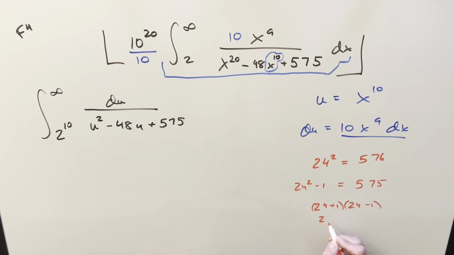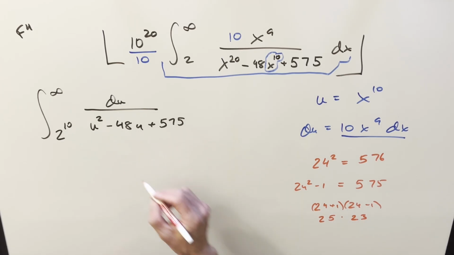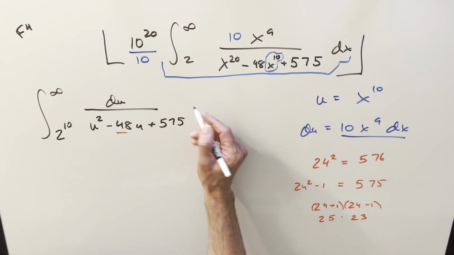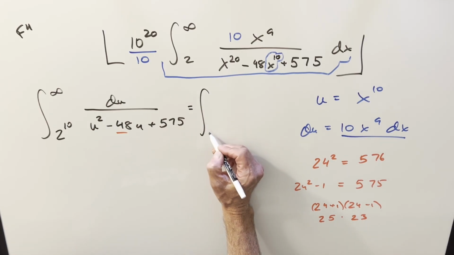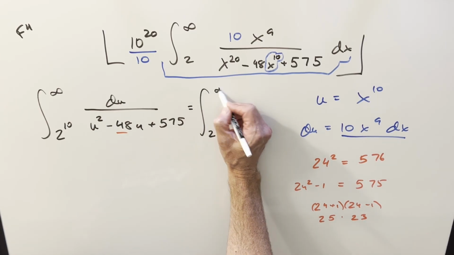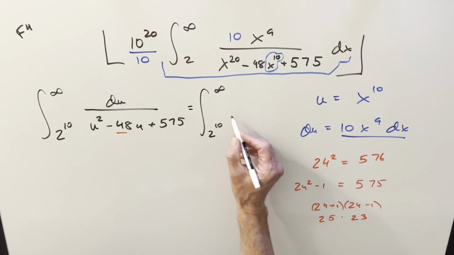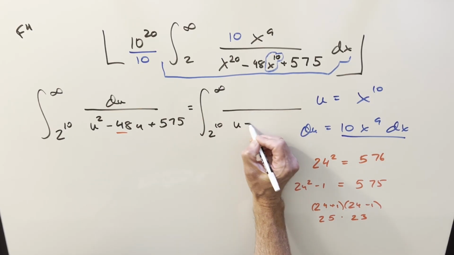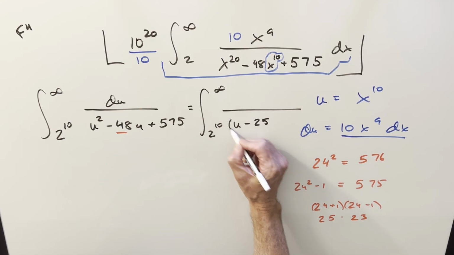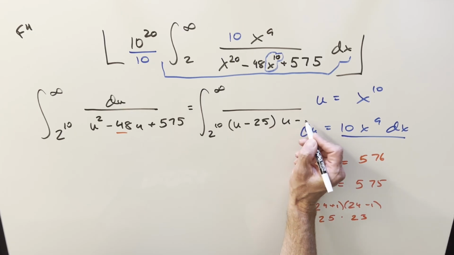And so this gives us 25 times 3. The reason that's helpful is 25 plus 3 is going to be 48. So what that's going to mean for us is that we can factor this denominator, just keeping all this other stuff around. How we can do it is writing it as u minus 25 times u minus 23.